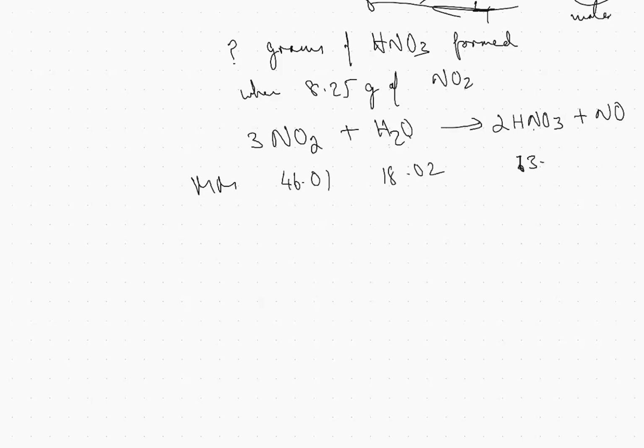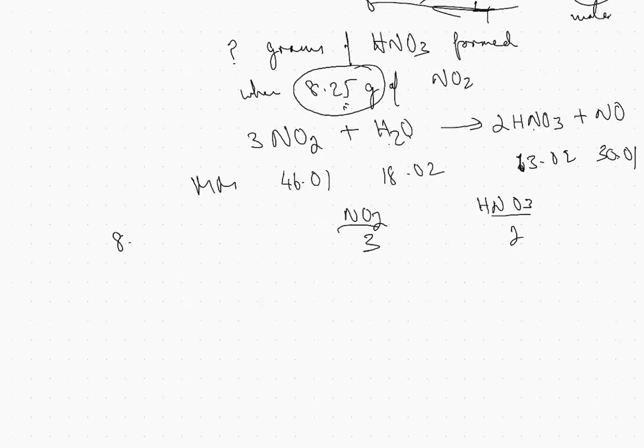Okay, but 8.25 grams of NO2, right? So first of all, this is about NO2 and HNO3. When it is balanced, the ratio is 3 to 2. So if we know the amount of moles in 8.25, we can put the same formula. You know how many moles are there in 8.25 grams of NO2, divided by the mass of NO2. Given molar mass here.